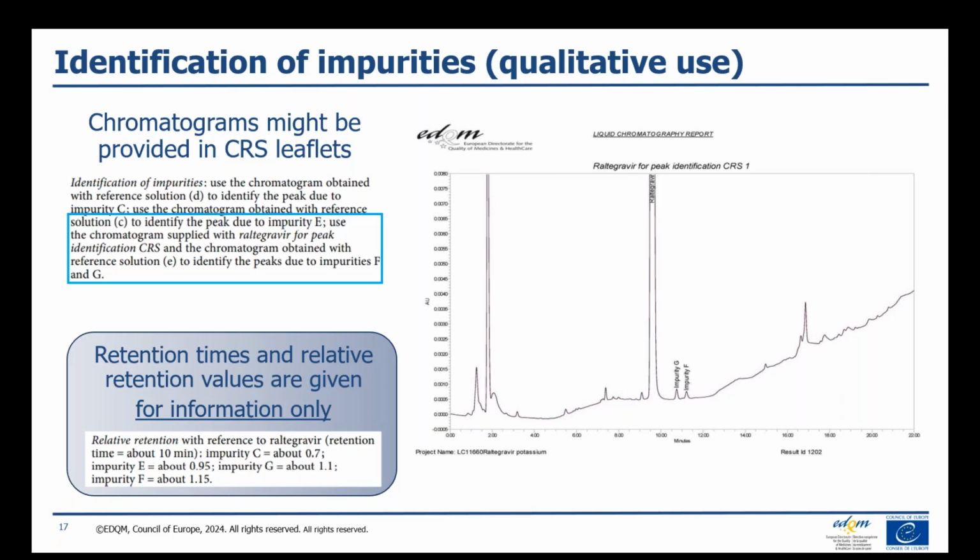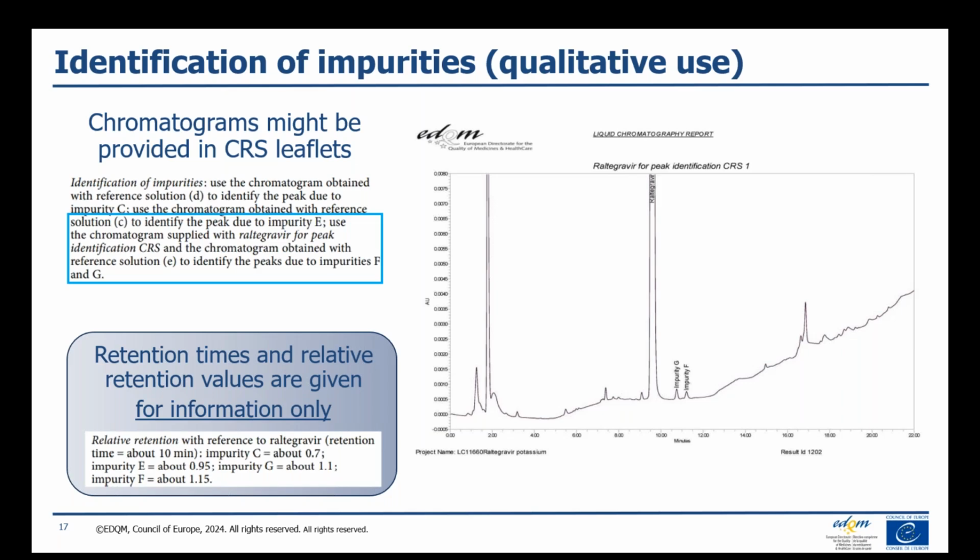So what is important when you check a monograph is that even if you observe a shift in the retention time, it's not necessarily a major problem, but you really have to verify that you comply with the system suitability test. Of course, if you observe a very big difference, it might be possible that you have a problem with the method.